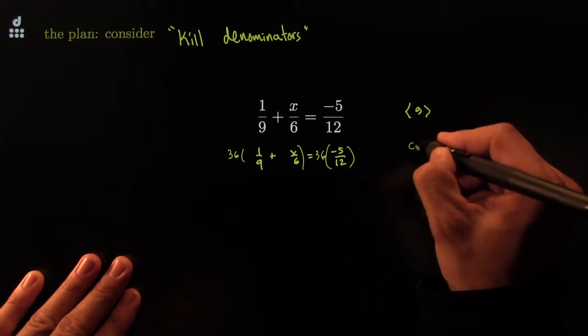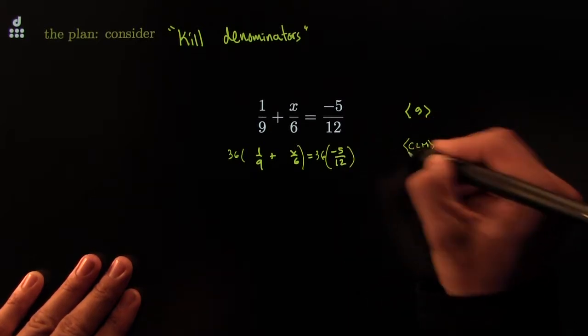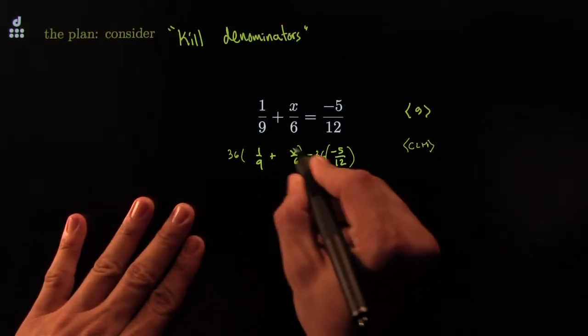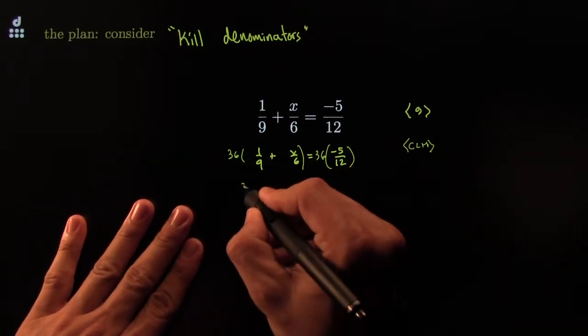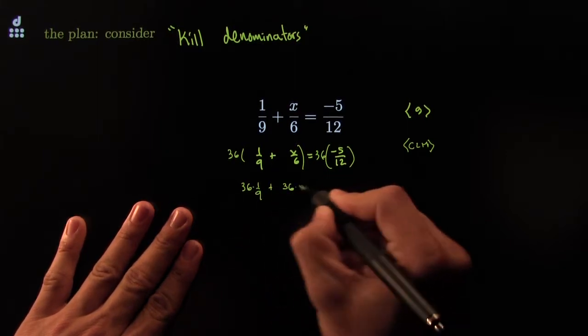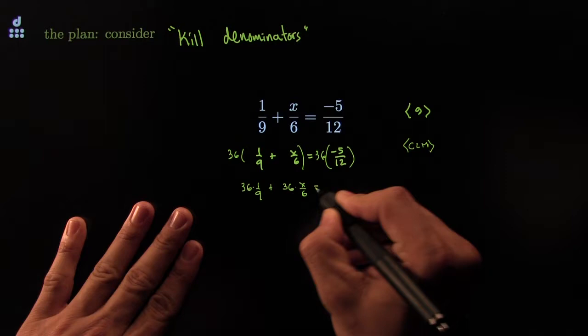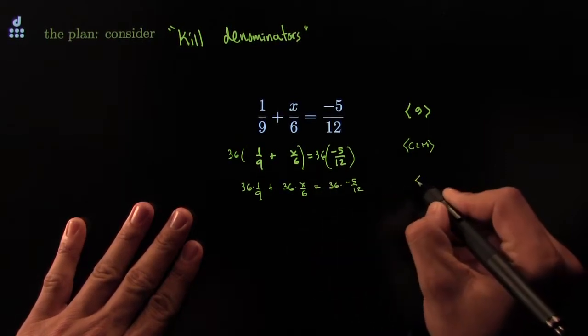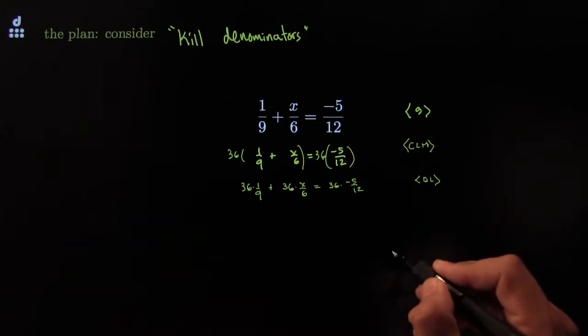And I will justify it by the Cancellation Law of Multiplication, which says I can do that. Having done that, this 36 gets distributed, so I have 36 times 1 over 9 plus 36 times x over 6, and that's 36 times negative 5 over 12. That would be the distributive law.